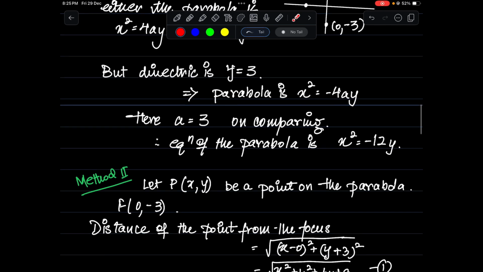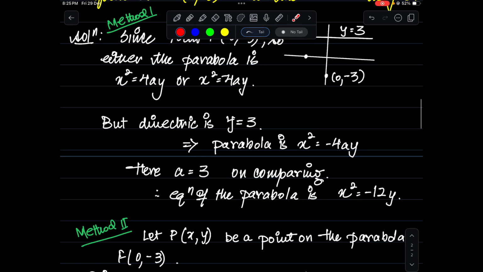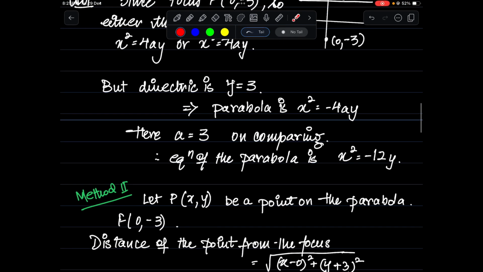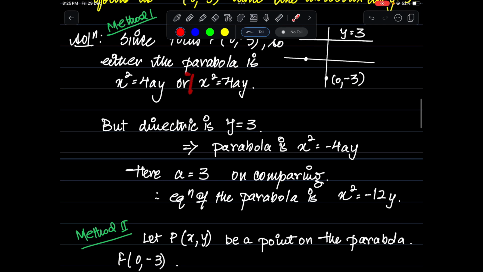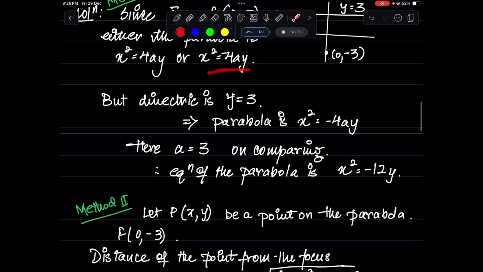Now once I get the equation, I am going to equate it with a value. So you know that whenever this is the equation, we say the focus is 0 comma minus a. Okay, so when you compare this with this, you will get a value as 3.